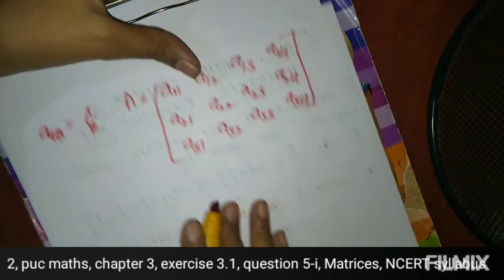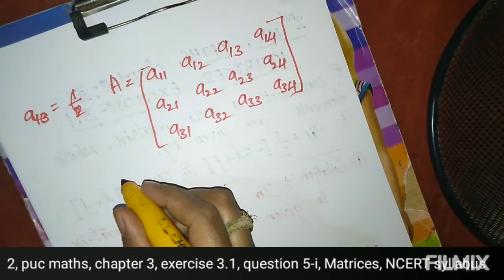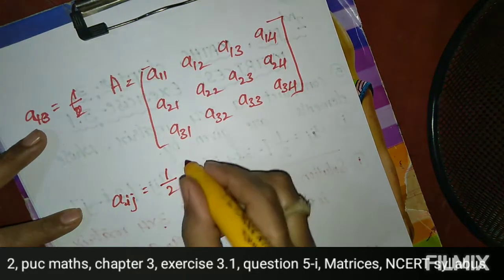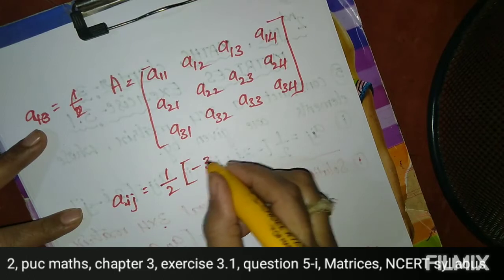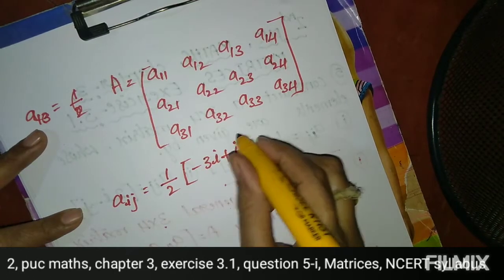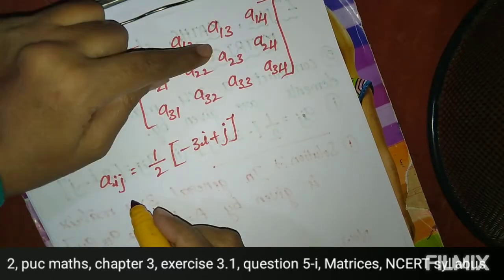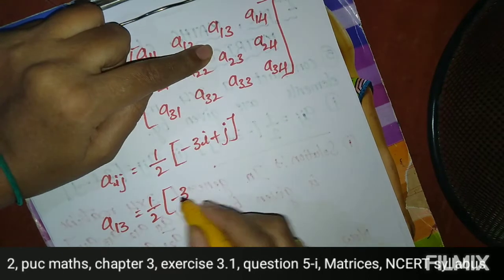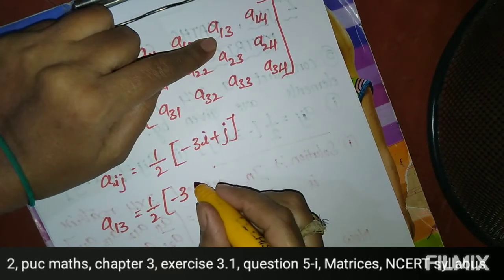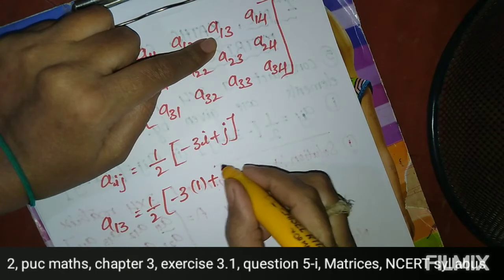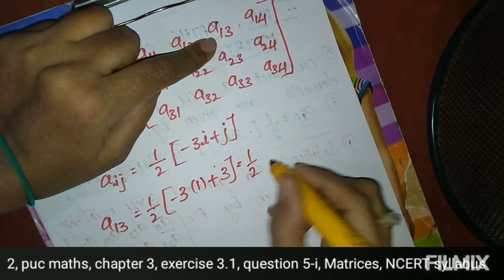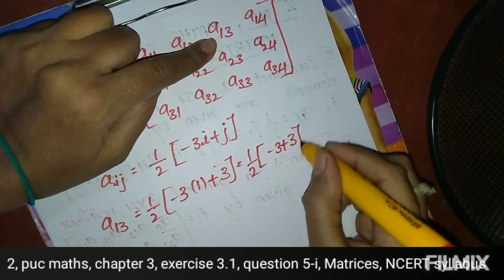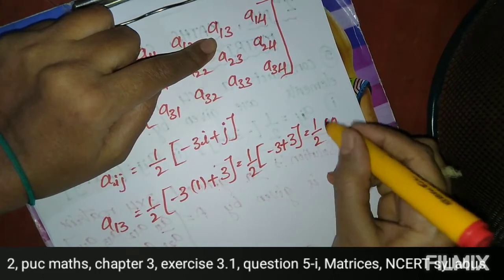The formula is Aij = 1/2 |−3i + j|. Then this A13 we take as 1/2 |−3|, A13 is first row plus third column. So 1/2 |−3 + 3| = 1/2 into 0.